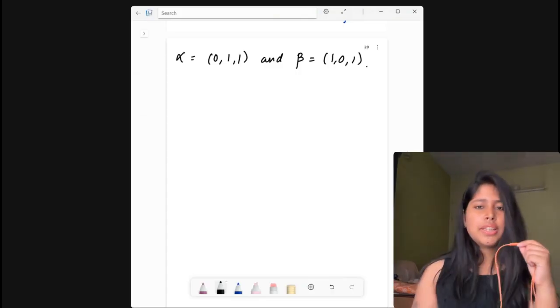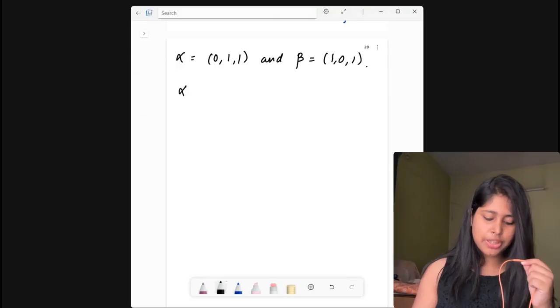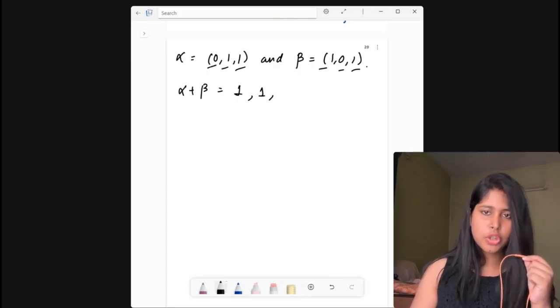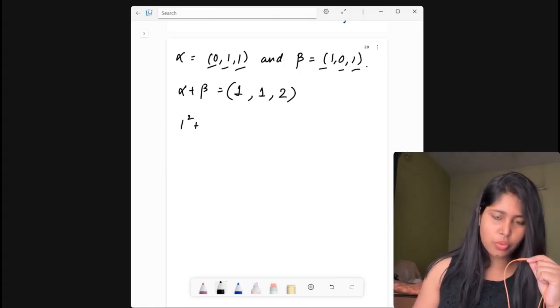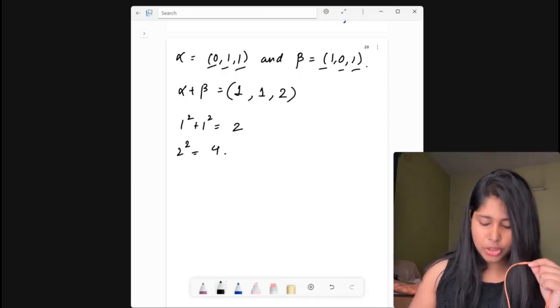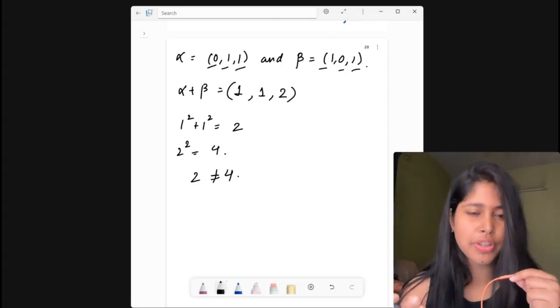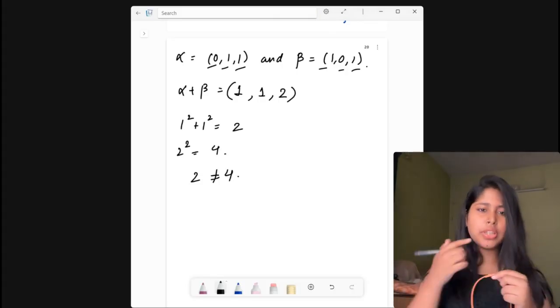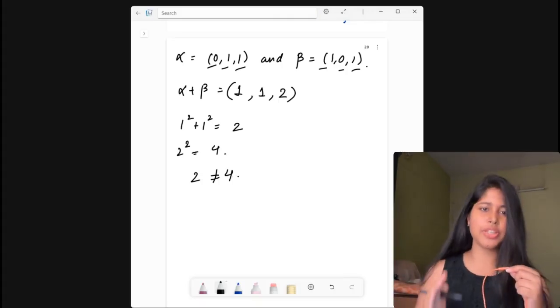Here you can see both satisfy the condition, but alpha plus beta, if you do, then what do you get? 0 plus 1 is 1, 1 plus 0 is 1, and 1 plus 1 is 2, right? Now 1 square plus 1 square is equals to 2, but 2 square is equals to 4, but 2 is not equals to 4, right? So basically you can say that also with a counter example you can prove that this subset is not a subspace of R3.